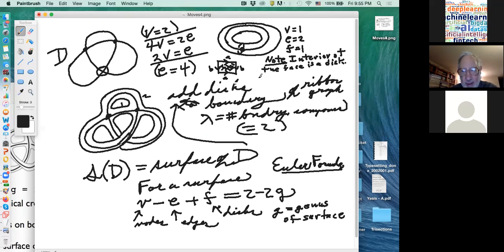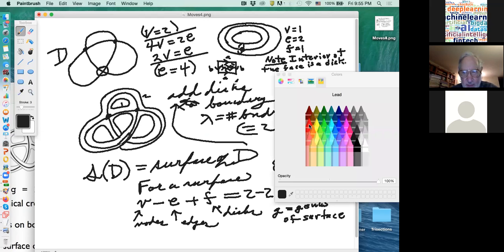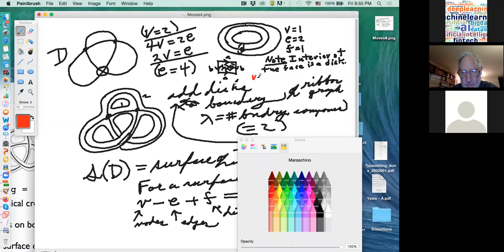So what do we have? We have here in this example vertices minus edges plus faces is equal to 1 minus 2 plus 1, which is 0. And 2 minus 2g is equal to 2 minus 2, which is 0.